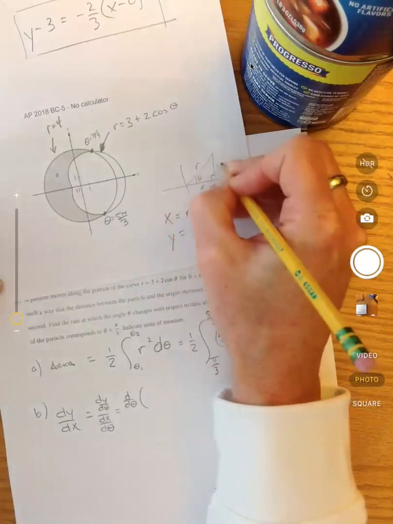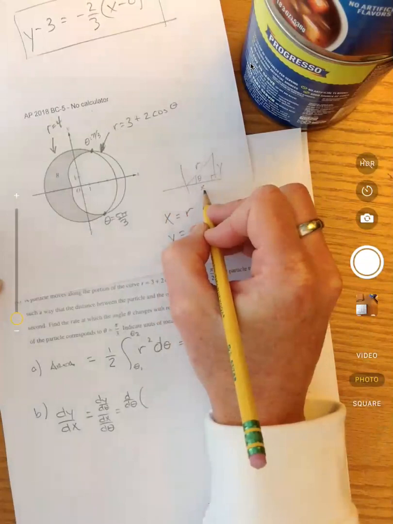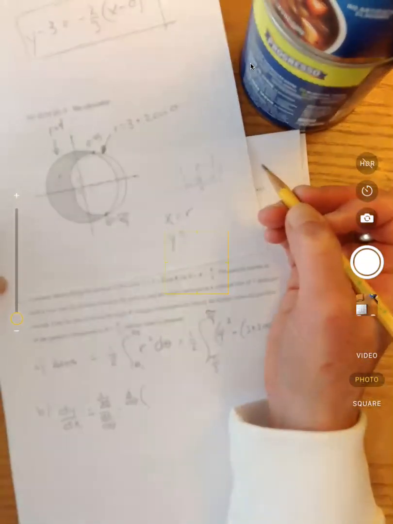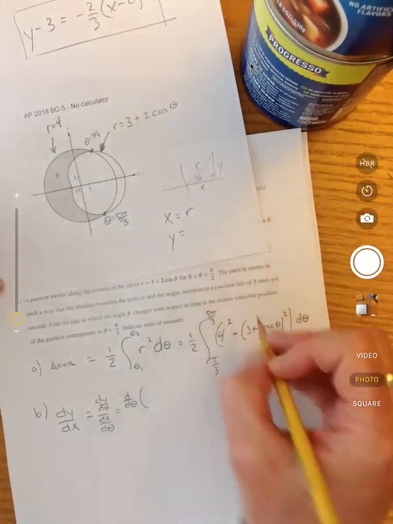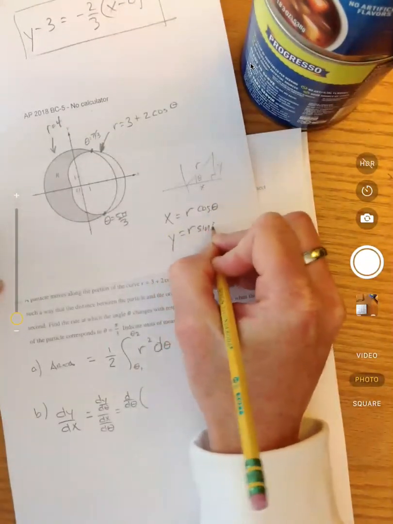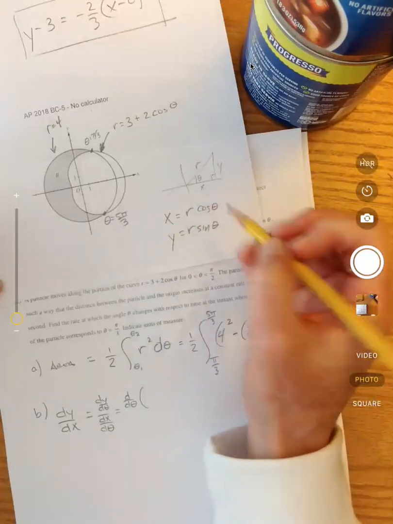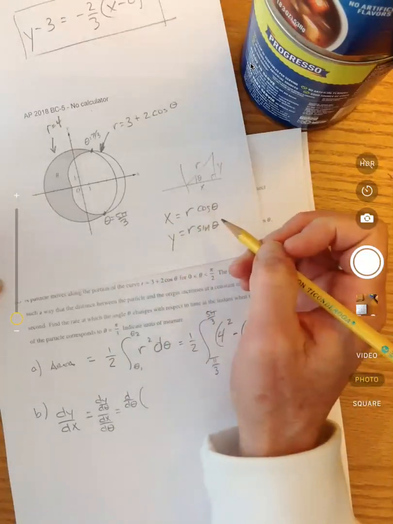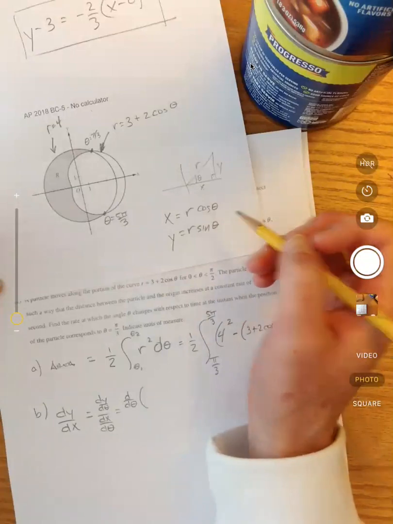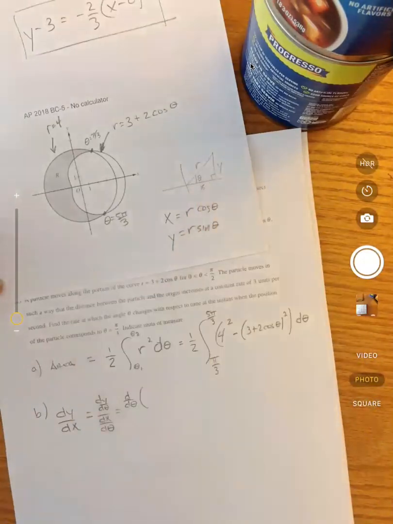If I want to find this x side, it is adjacent to the theta, and which trig function gives me adjacent over hypotenuse? That's cosine. And the other one is sine of theta. Now, some teachers teach that x, y goes in alphabetical order, so cos, sin goes in alphabetical order. Well, yeah, that's true, but it's just by happenstance. So I just remember in terms of my relationships to my triangles.